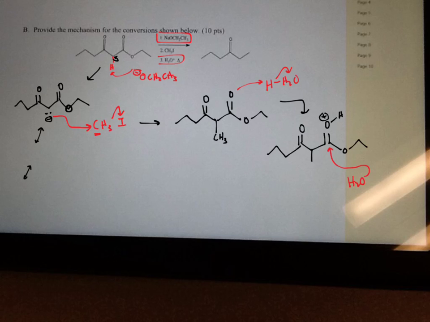Water can come in and attack. Again, we could show resonance. This would again be one of those cases of, you know what, I'll deal with it if I get time. Oxygen does not want to be positive.